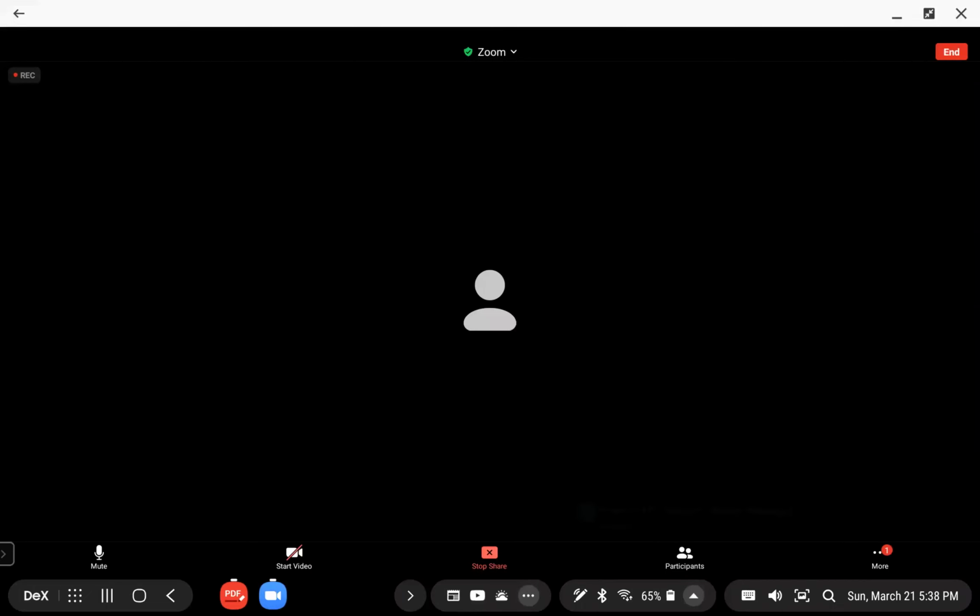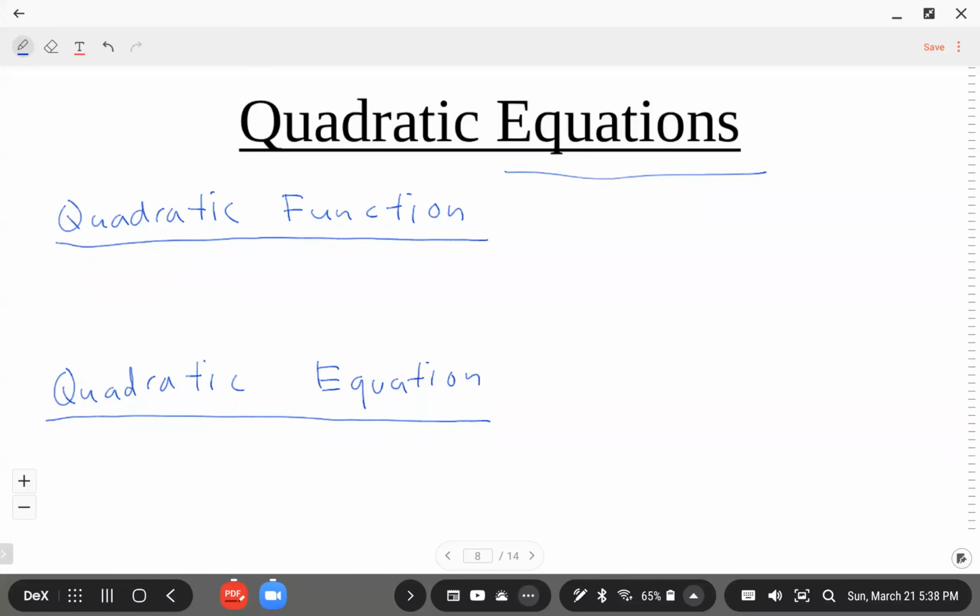So, let's first understand the difference. For a quadratic function, we need a y value. We always need a y value when we're graphing, y and x value. So the quadratic function will be y equals ax squared plus bx plus c.